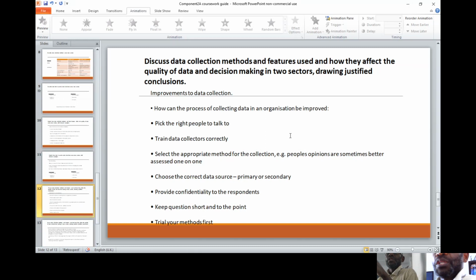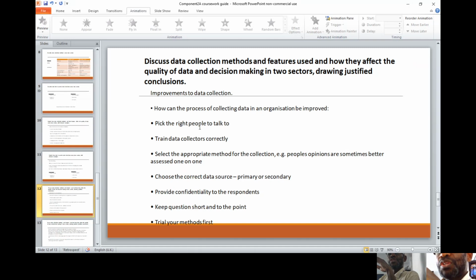The next question is, you're going to discuss data collection methods and features used and how they affect the quality of data and making decisions in two sectors, drawing justified conclusions. At this point, because of the discussion, you are going to touch on a lot of topics.